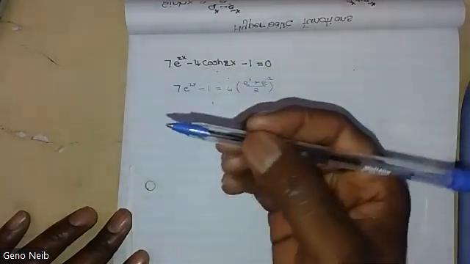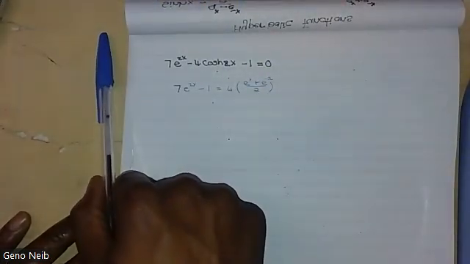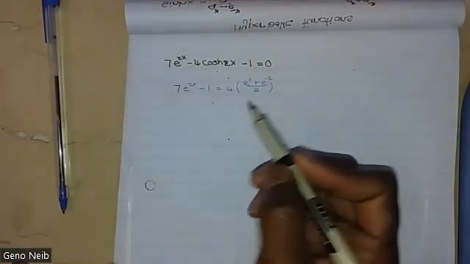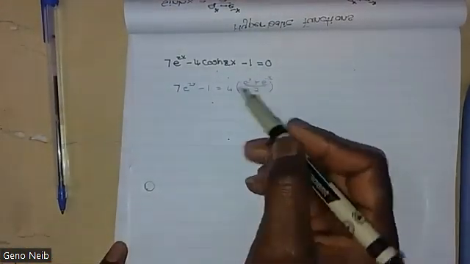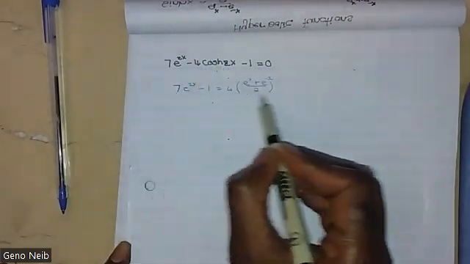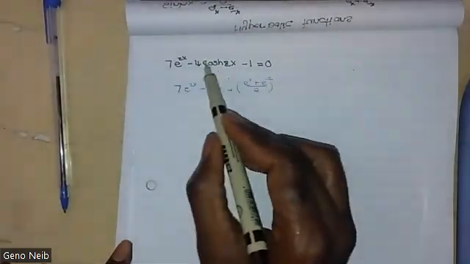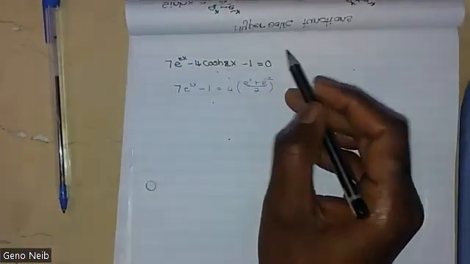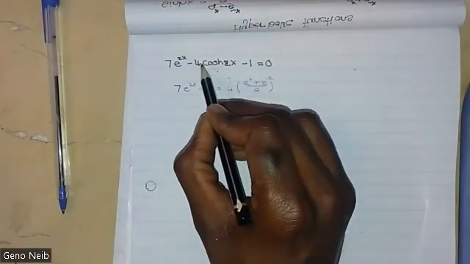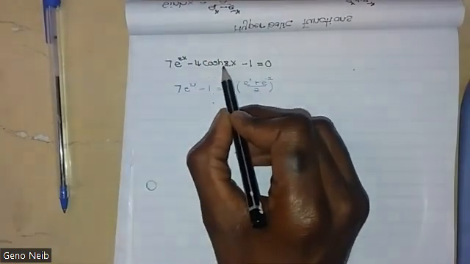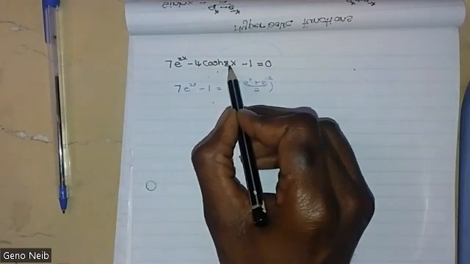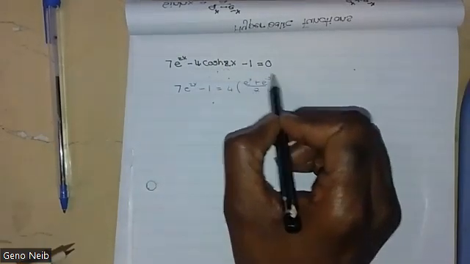Now, we have to continue. Oh, I see this one is even much worse. So since we have this, we move this one to the right side, and then we use this one to convert it to this one.